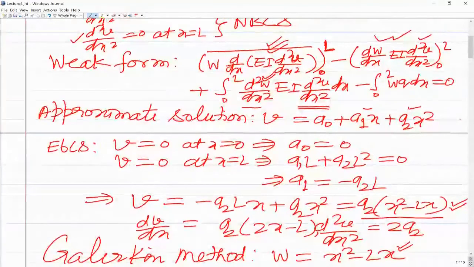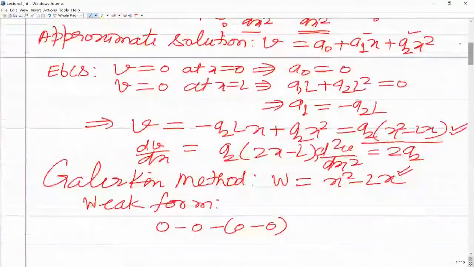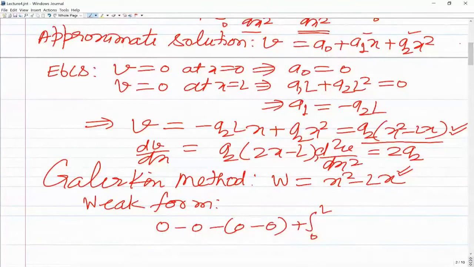And then the third term is the integral 0 to L of d2w by dx square. Similarly, d2w by dx square is actually going to be 2. Then EI and d2v by dx square, which is 2a2, and then dx.